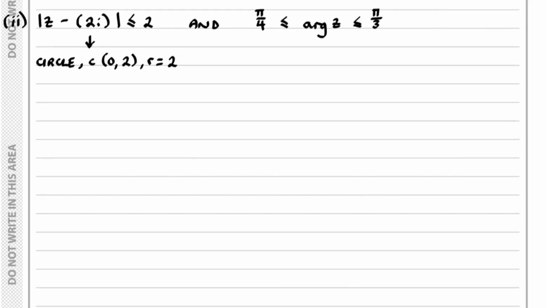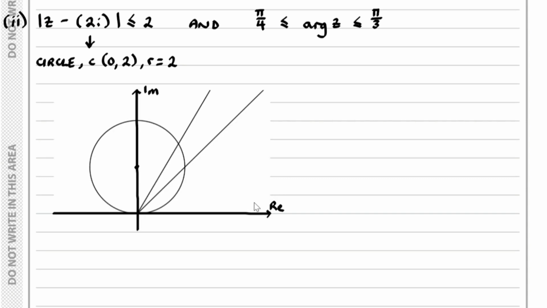So when we come to draw the required equations, we've got the circle here and the two half lines. Here we've got pi over 4, and here we've got pi over 3. So let's just add those angles on actually. Here we've got pi over 4, and here we have pi over 3.